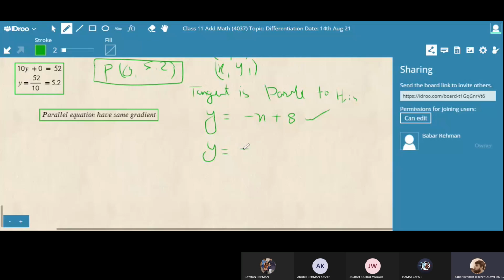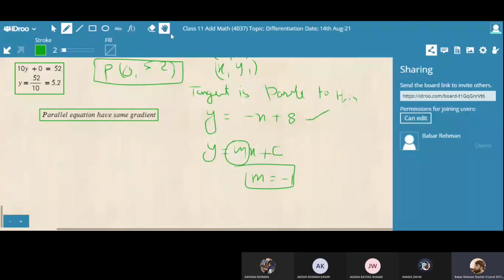Do you know the general form of a linear equation? From this linear equation, we find the gradient. So what is the gradient from this equation? Minus 1. Good.